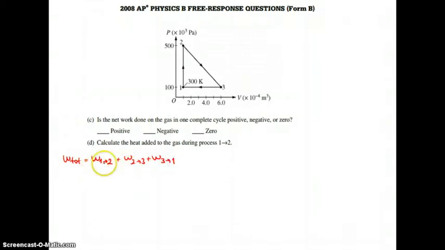And we know that work is equal to negative P delta V. Since the first process here is isochoric, delta V is 0, so work from 1 to 2 is equal to 0. Now we need to find work from 2 to 3 and work from 3 to 1.